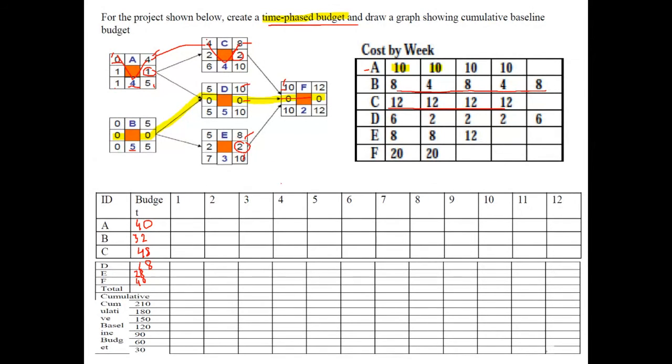Very similar to drawing a bar chart, we will do a cash flow statement for this project. So is it 206 or 214?